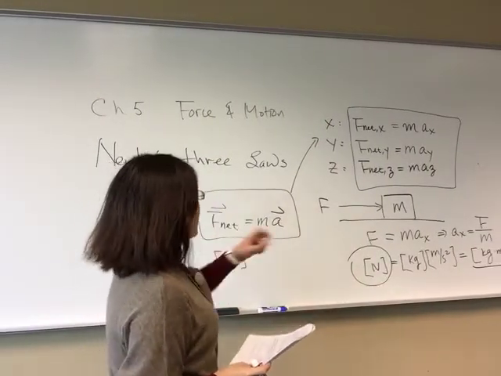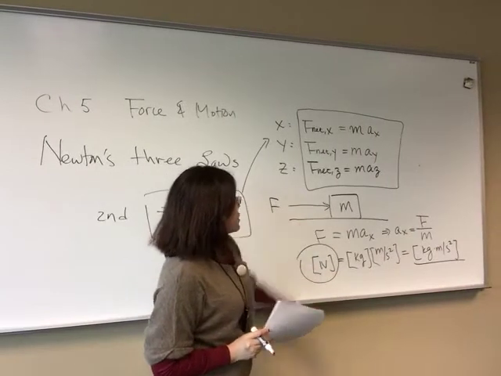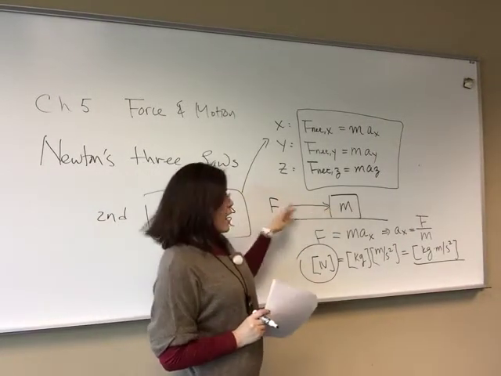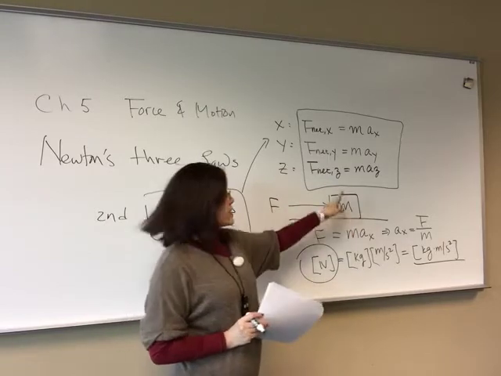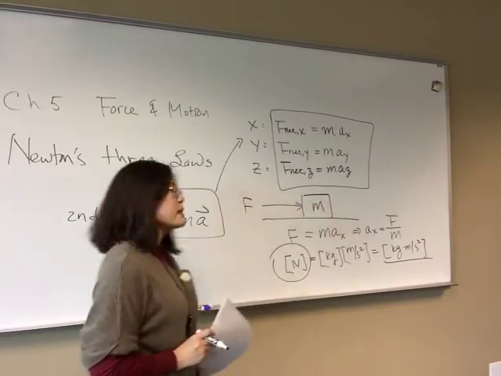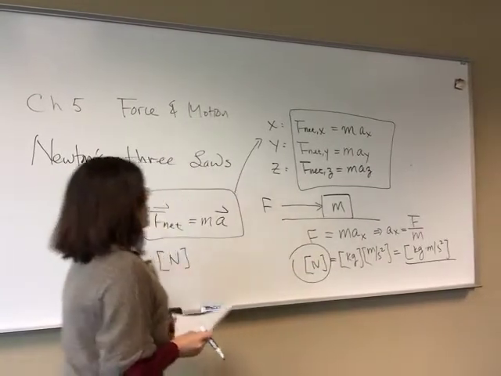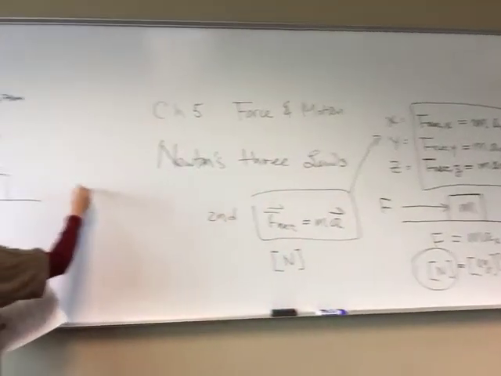Okay, so when we look at this equation, remember we're looking only at the horizontal direction. There are forces acting in the vertical, but we're going to discuss that later. So let's look at this equation: F equals ma.